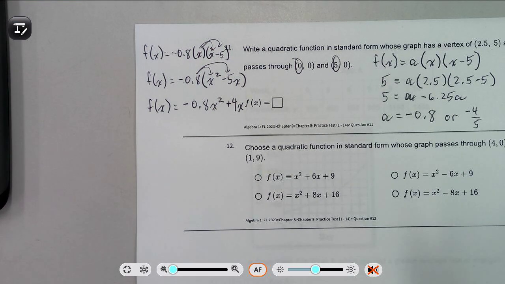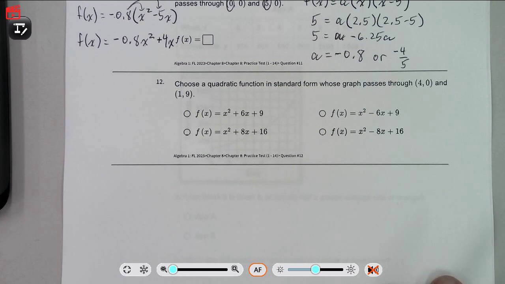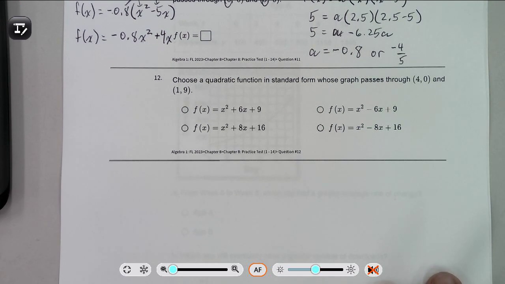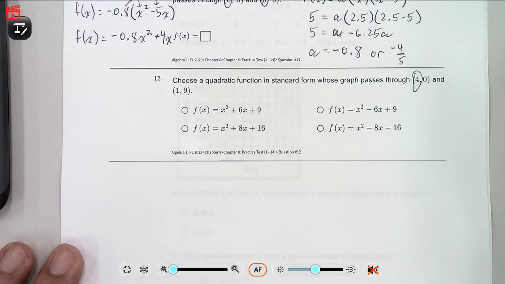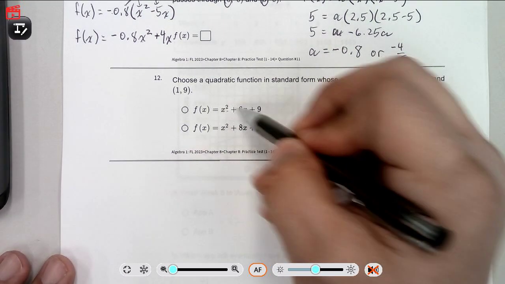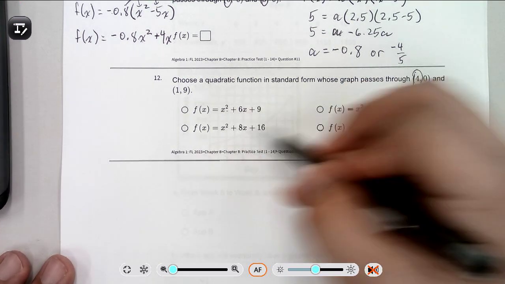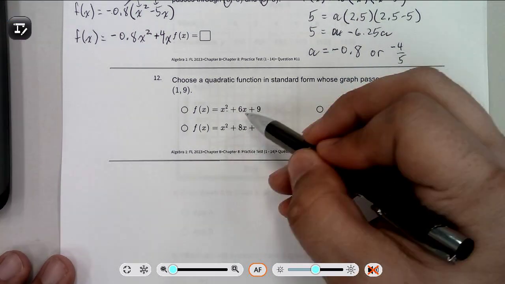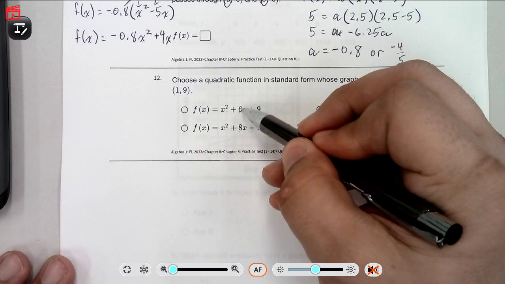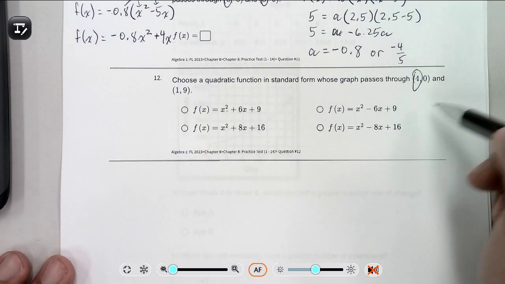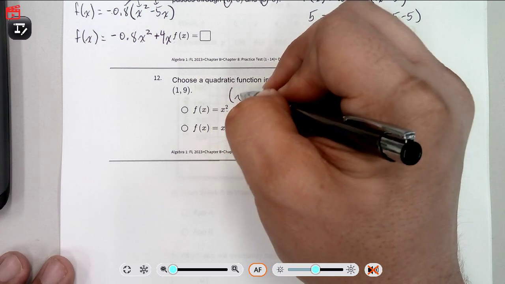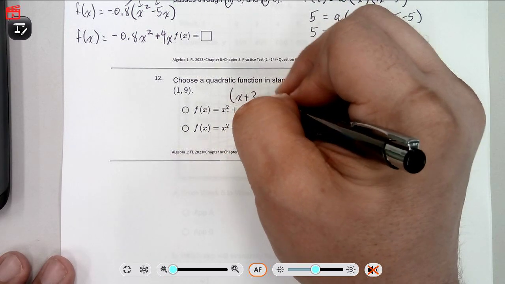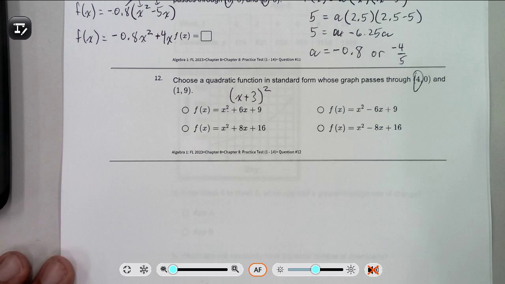Okay. Choose a quadratic function in standard form whose graph passes through. Well, this is a 0, so I'm going to figure out the factored form of each of these. I'm going to convert these to intercept form because I do notice that each of these is going to turn into a binomial squared. So this is x plus 3 squared.